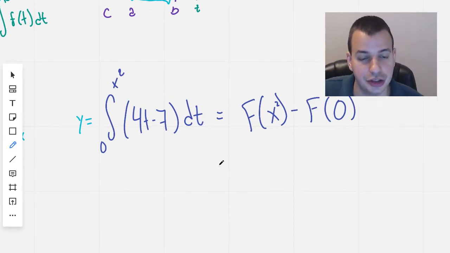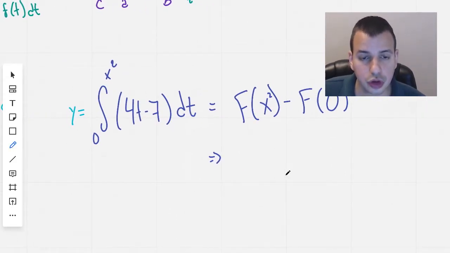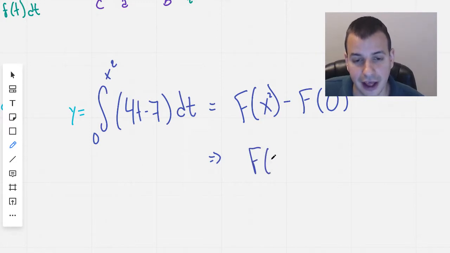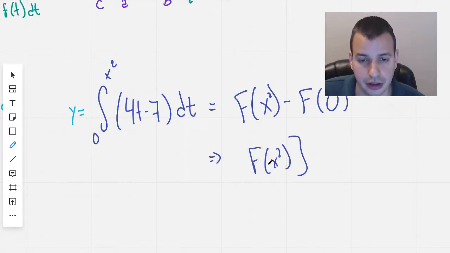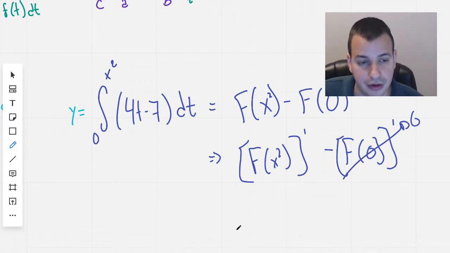And so then we take the derivative of both sides to find dy dx, which is what we were asked to find in the beginning. We get F of x squared prime minus the antiderivative of 0 prime, which goes to 0 itself.